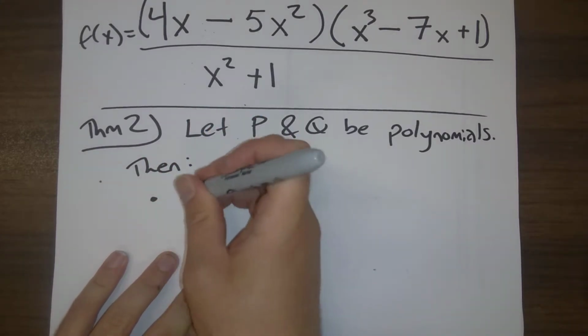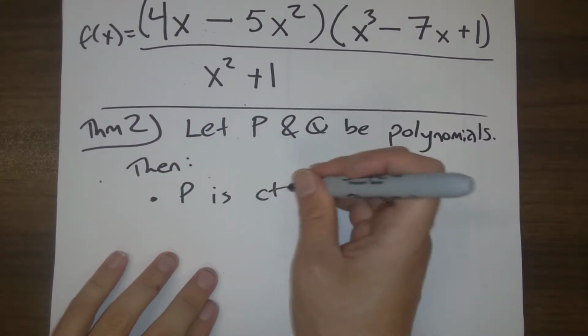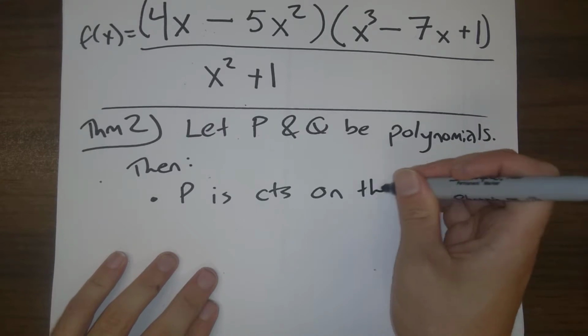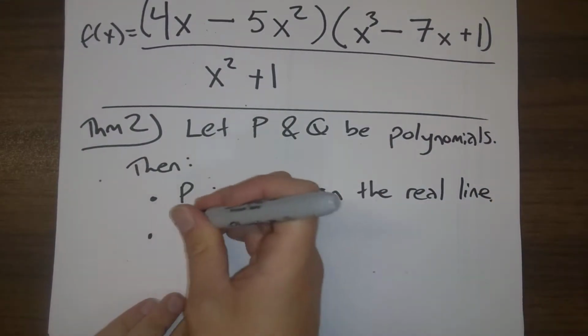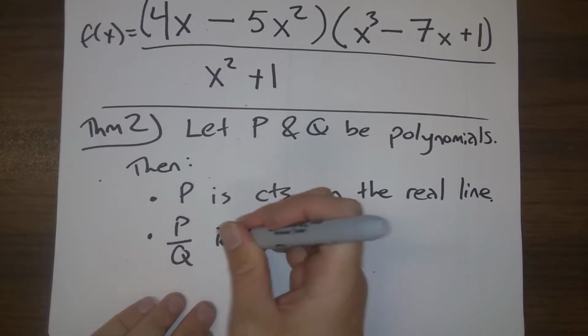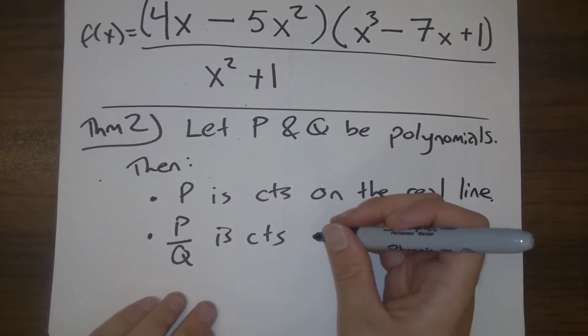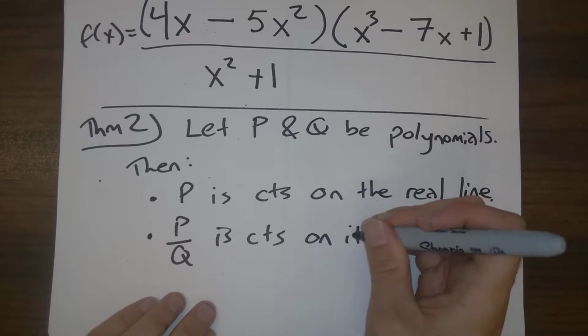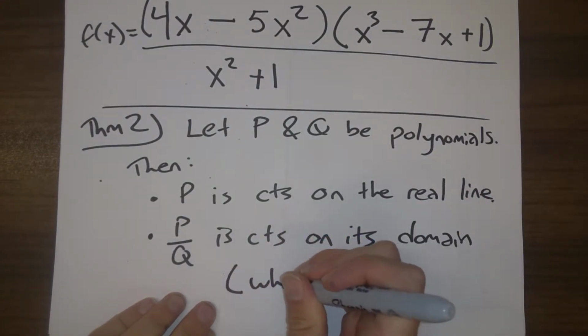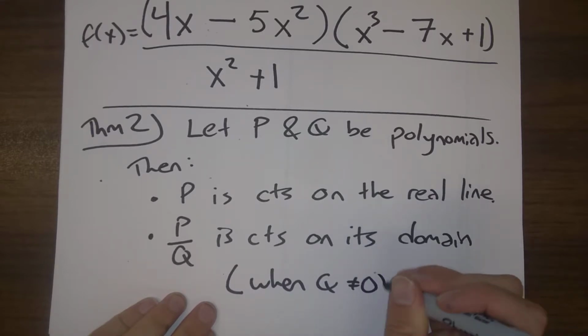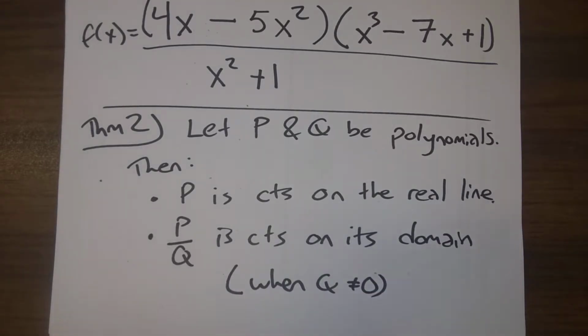Then P is continuous on the entire real line, and P over Q is continuous on its domain, which is when Q is not equal to 0.